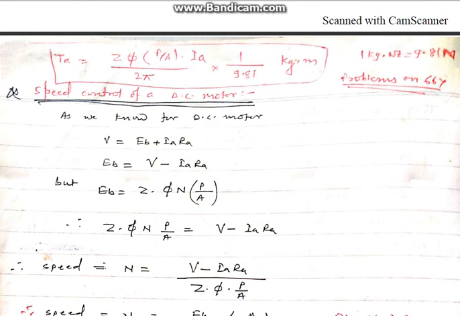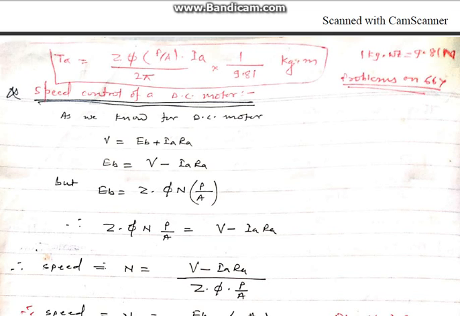The next point of our discussion is speed control of DC motor. As we have seen the electrical equivalent of DC motor, from it the electrical equation is V is equal to EB plus IA RA. So EB is equal to V minus IA RA.